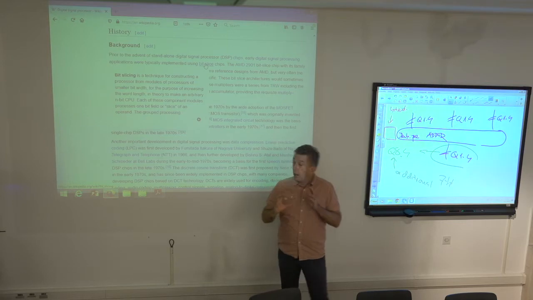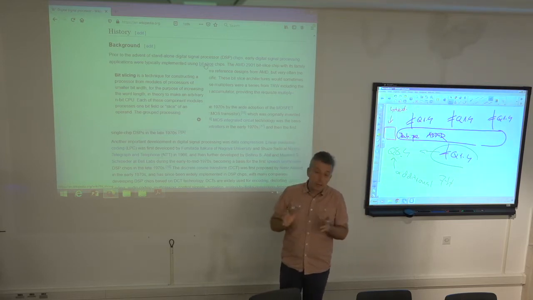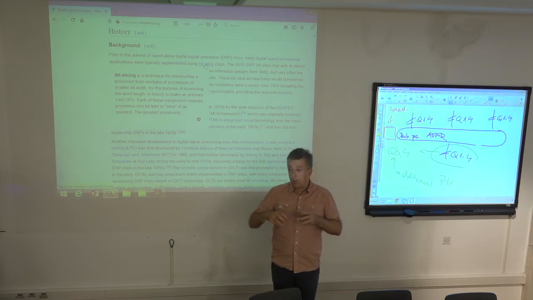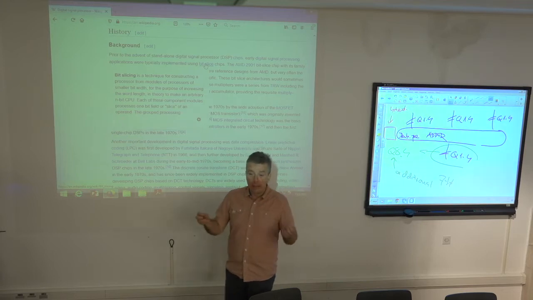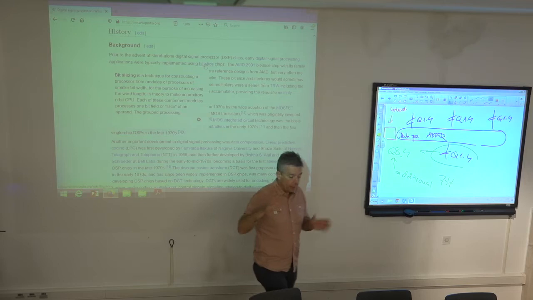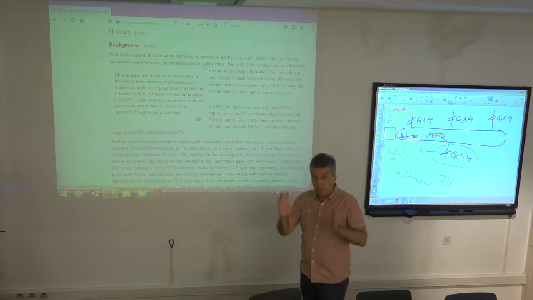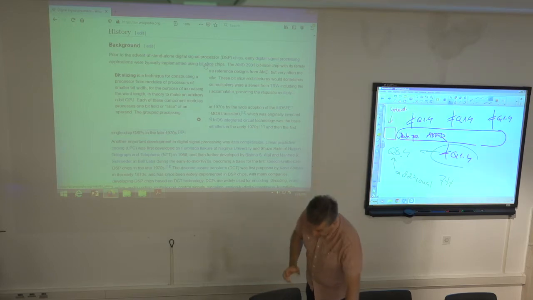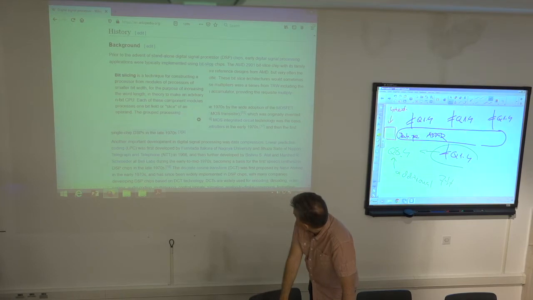These bit slices were typically 4 bits wide or 8 bits wide. And if I would like to have a CPU that has, for example, a 32-bit data path, I would just add these slices together until I have the desired width. So it started from this basic idea, to have the data path constructed from multiple slices.